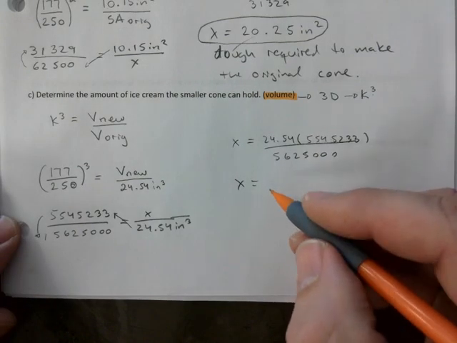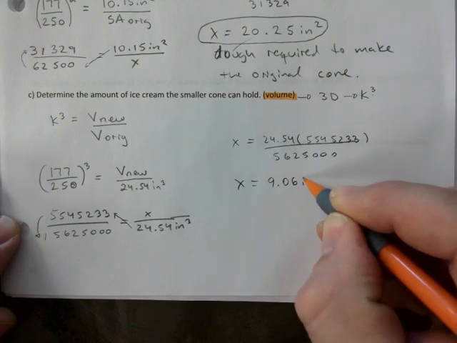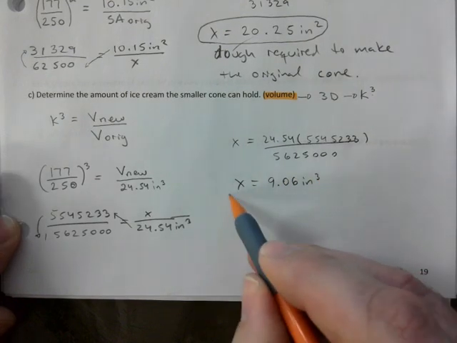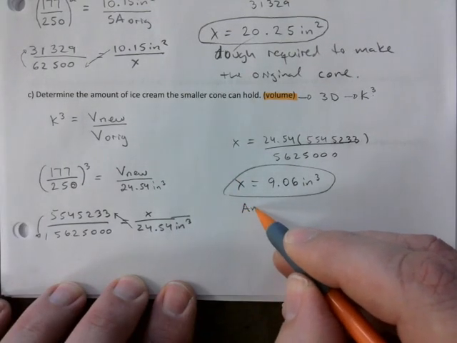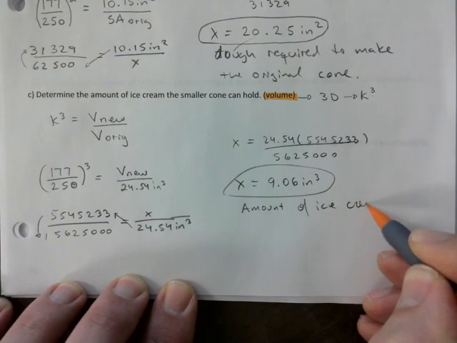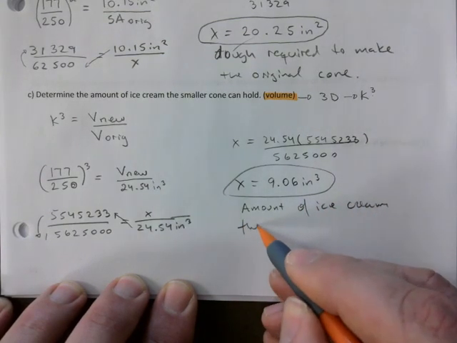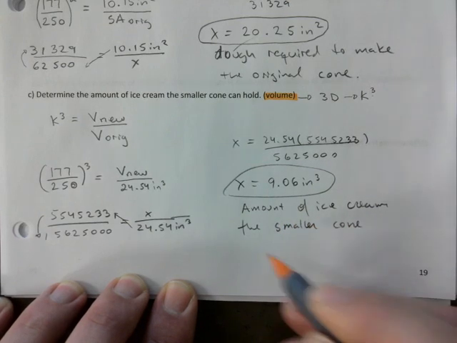That would be 9.06 cubic inches. Amount of ice cream the smaller cone can hold.